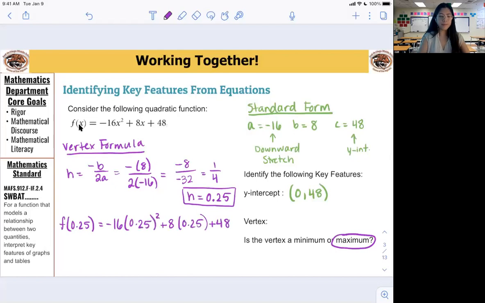Go ahead, take a moment. You might have seen this equation before, yes.